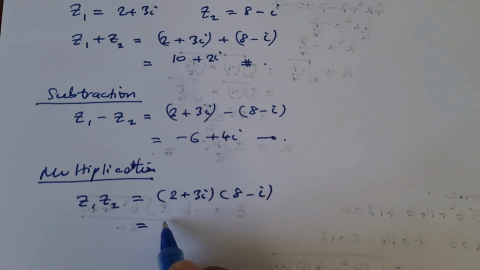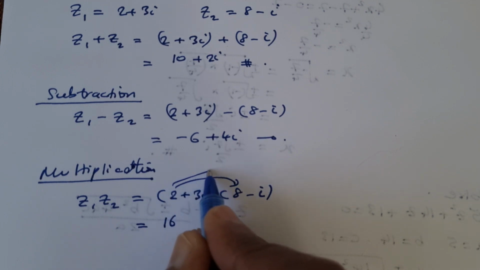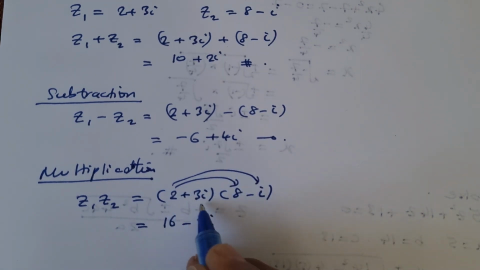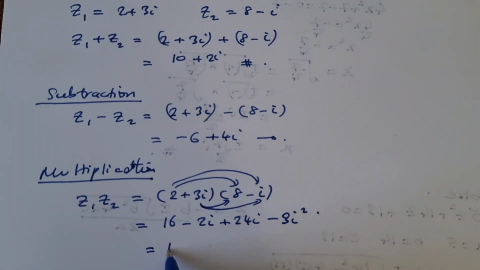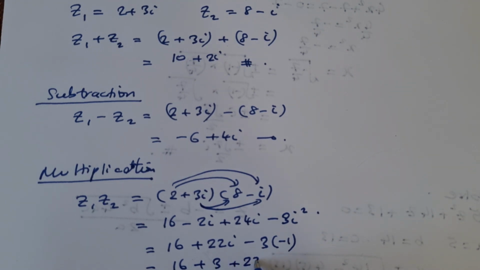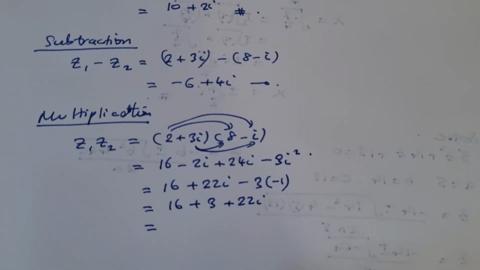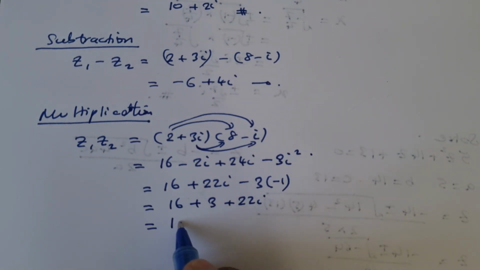So basically 2 times 8 is 16, and then 2 times minus i is minus 2i, and I have 3i times 8, which is plus 24i, and then minus times plus becomes minus, 3i times i is 3i squared. So we've got 16 minus 2i plus 24i is plus 22i, minus 3 times negative 1. So that means 16 plus 3 and then plus 22i. So if we do this, we get 19 plus 22i. So here we are.